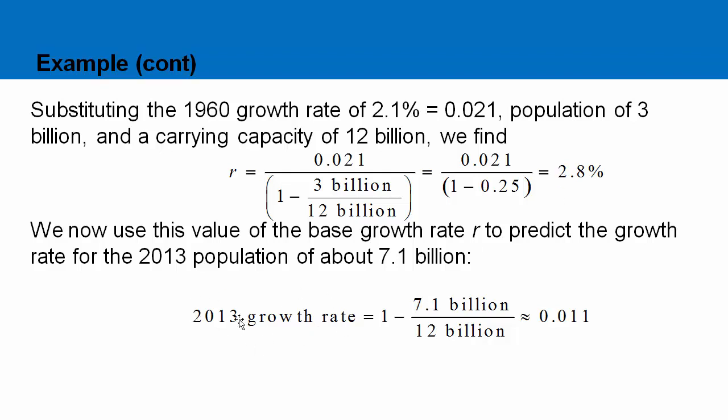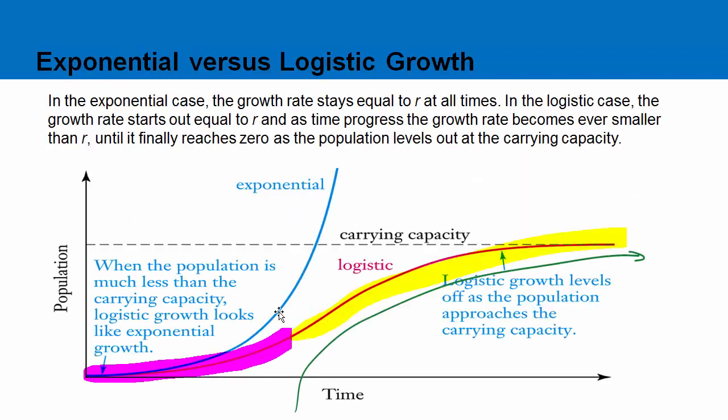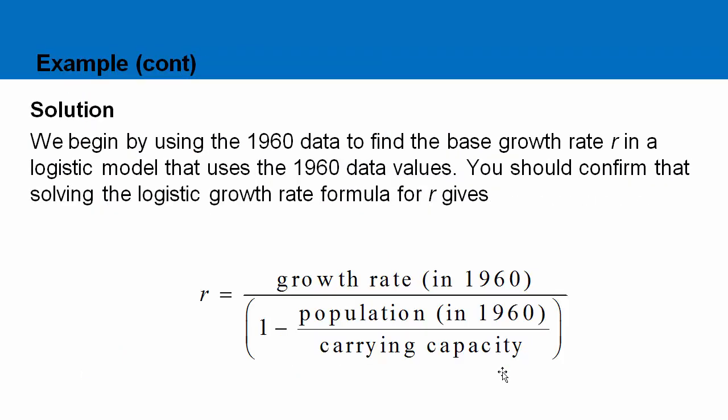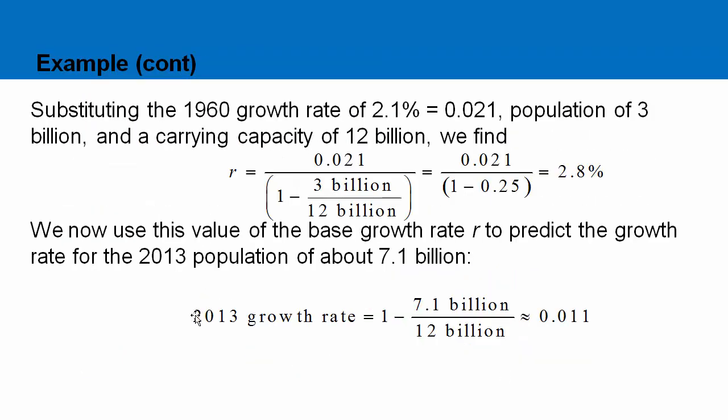Go back to our original formula. All right, we'll go back up here so you can see it. Logistic growth rate equals R times 1 minus population over carrying capacity, right? So our 2013 growth rate should equal these numbers, the 1 minus how many people we have over what's our total carrying capacity.